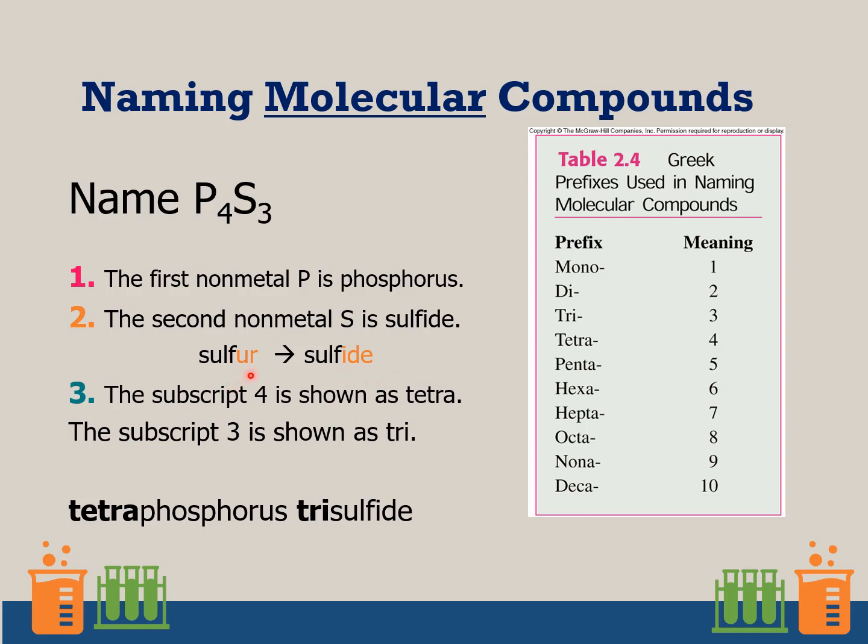So we get rid of the last suffix and replace it with IDE. And then we're going to use these Greek prefixes to state how many. So to say that there's 4 phosphoruses, we use the prefix tetra, so tetraphosphorus. Second word, we want to say 3 sulfide ions, so tri and then sulfide.